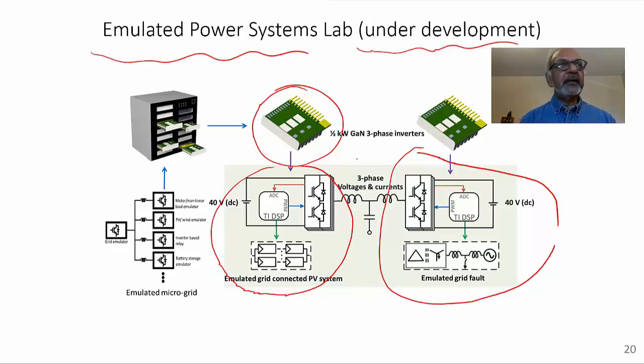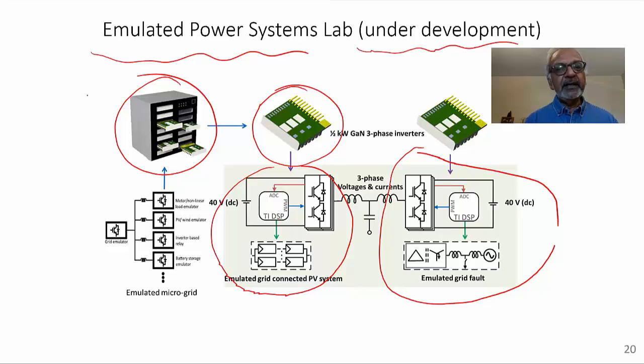What we are hoping is that each of these cards would be $300 or $400, maybe $500 apiece, and if you have 5 of them, this whole thing would be $2,500 to $3,000. So basically, you can have a desktop microgrid for, let's say, under $3,000.